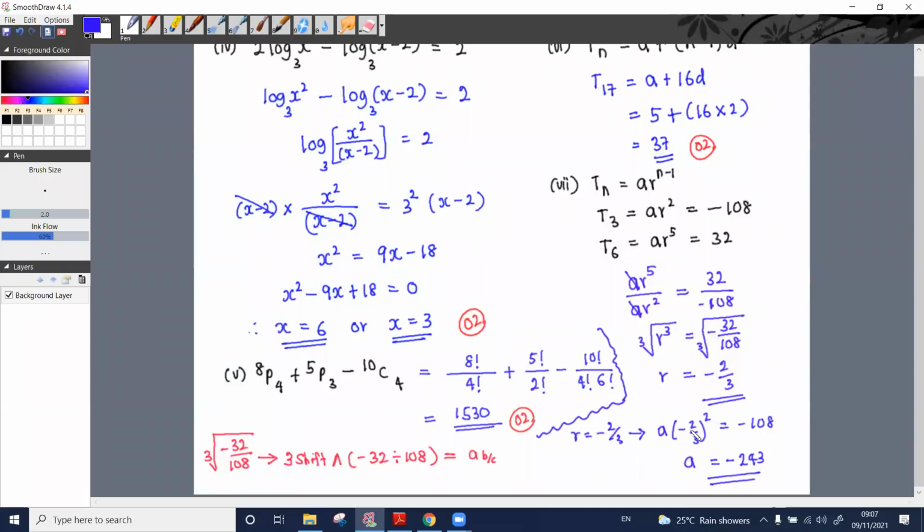How does it work out when we simplify this? Minus 2 squared becomes 4/9. When simplified here we get 4/9. Then minus 108 into 9/4, that is minus 108 into 9 divided by 4. You should get the value of a as minus 243.